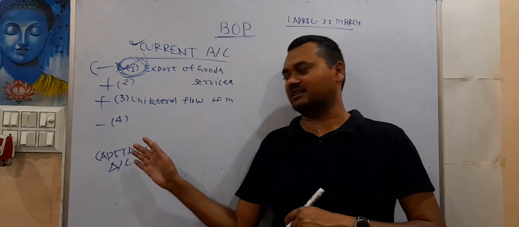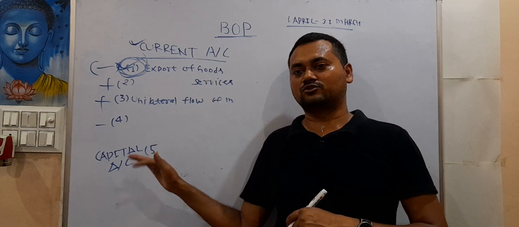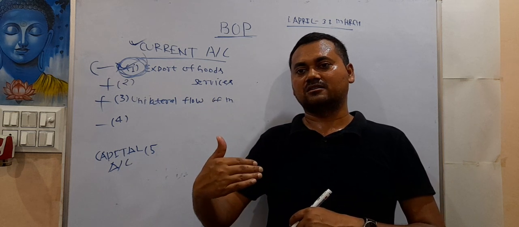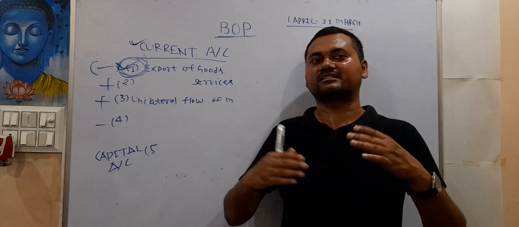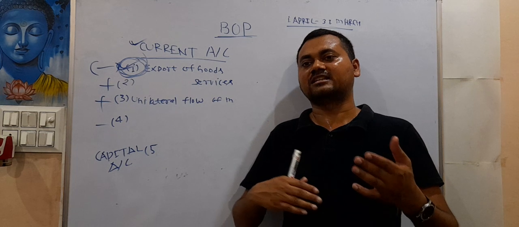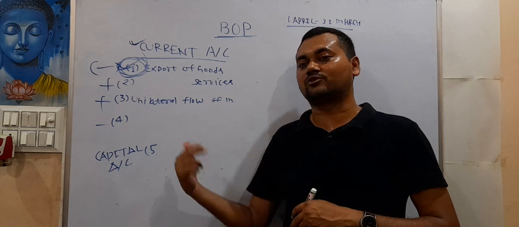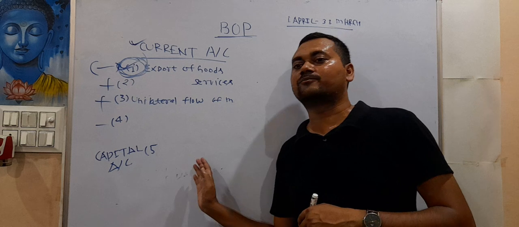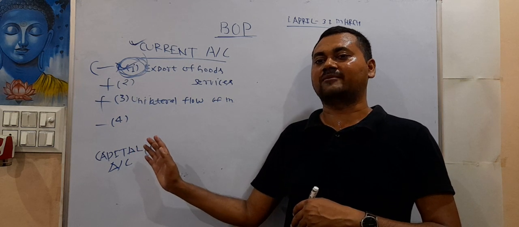So many people are investing money in FII, and in FII it is easy to get their money back. When we are talking about transactions with respect to the world, so many people will invest in FII, and if we had full convertibility, what would have happened?